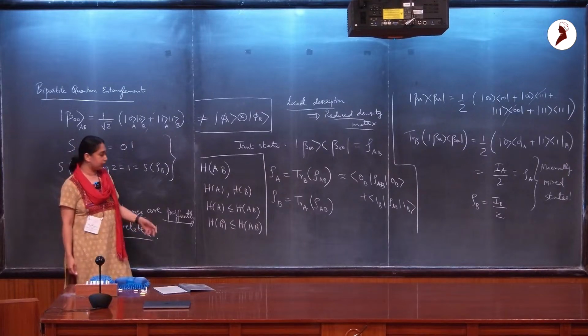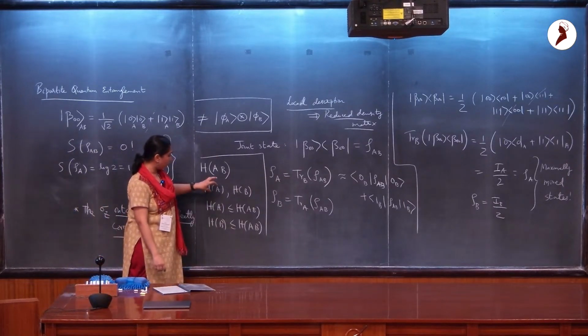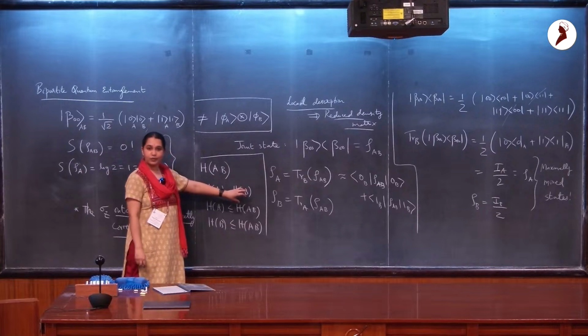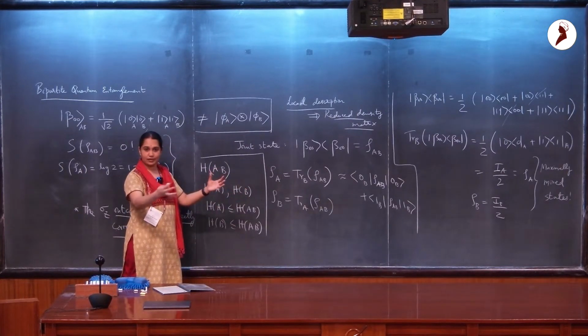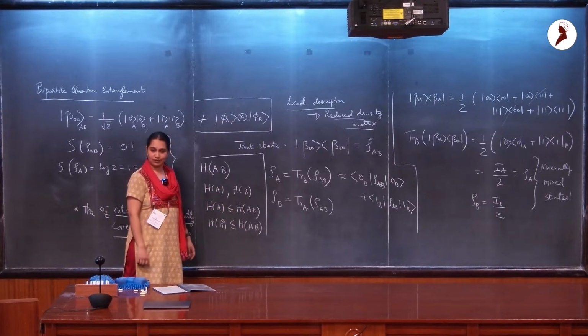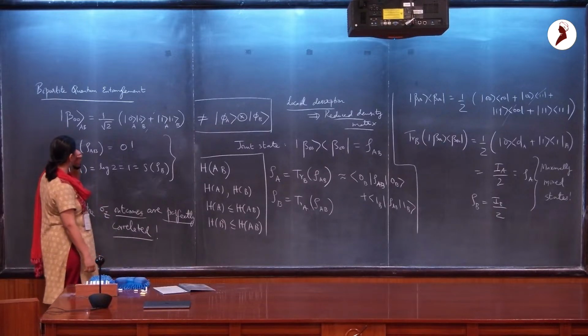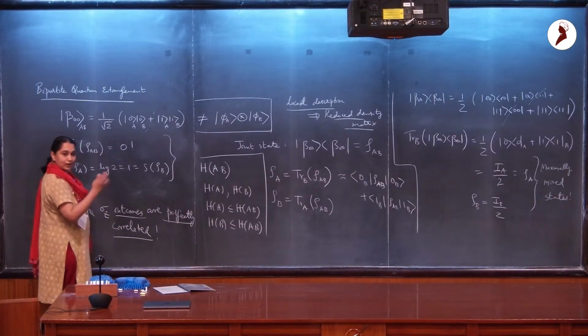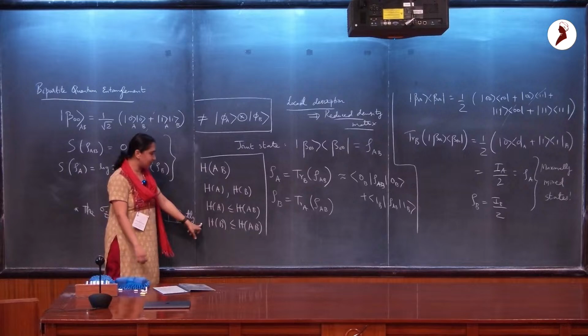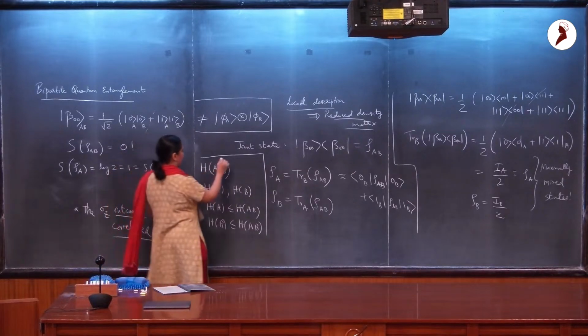Which kind of makes sense. Your extent of uncertainty about each individual random variable cannot be greater than your degree of uncertainty about the joint, right? But these kind of entangled states kind of spectacularly violate this notion, right? So this is classical.